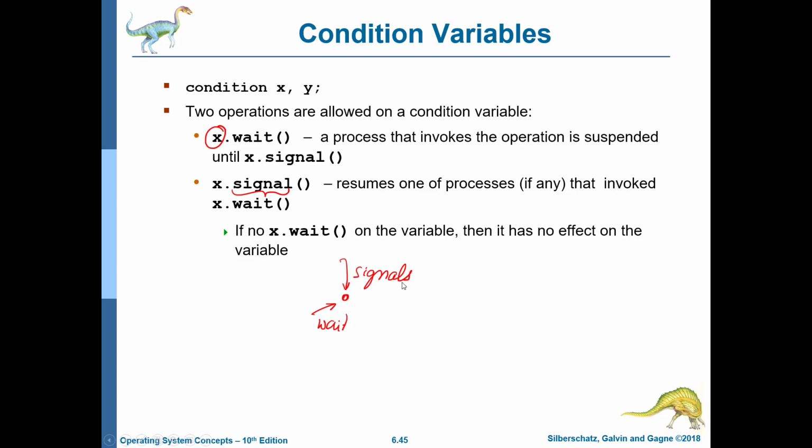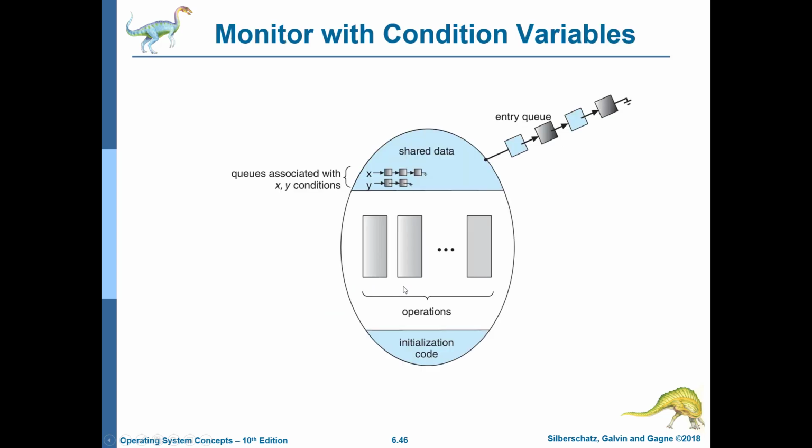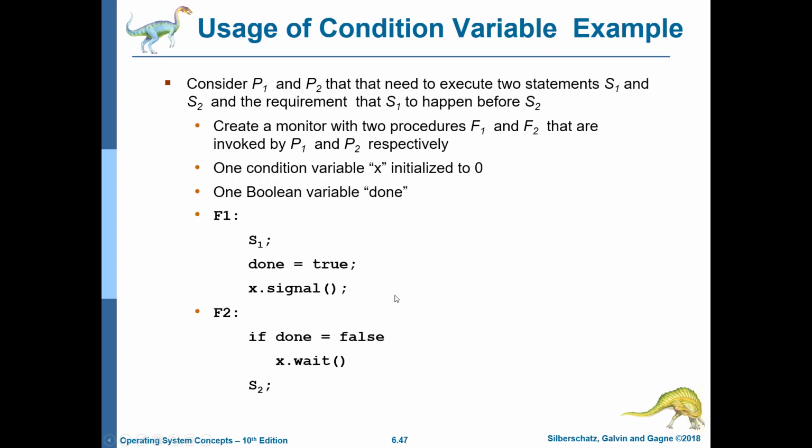This is slightly different. So here you say that look, I will wait, then you signal me. If let's say I signal a variable for which nobody is waiting, then clearly there is no value. So you can have a monitor with condition variables. So you could have queues associated with conditions, right? That also could be done.